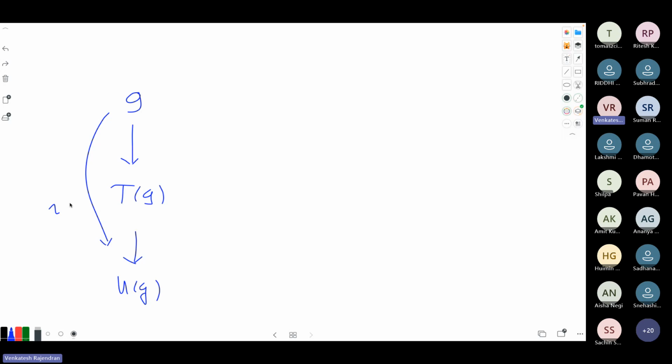And note that G to TG is indeed a C-linear map. Here you have this A, which is given to be a unital C associative algebra. And this pi is indeed a Lie algebra homomorphism.